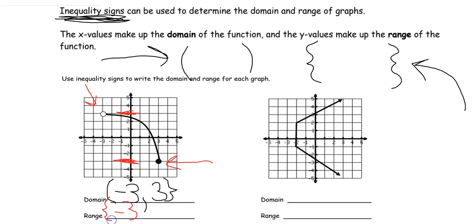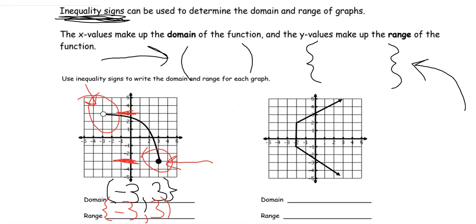Since it's inclusive, we'll put a squiggly bracket, and since +3 is not inclusive, we just put a parentheses. And so that tells me that my range is all of the numbers between -3 and 3, including -3, excluding +3. And we could tell that between the parentheses or the squiggly brackets.